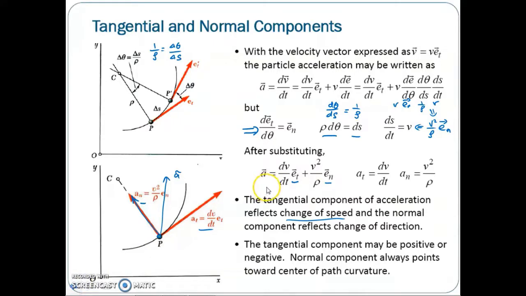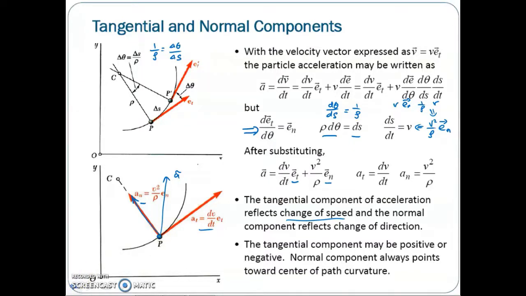Looking at these acceleration equations in tangential and normal components, the acceleration of a particle will be zero only if both its components are zero, both dv/dt and v squared over rho equal to 0. So for a particle moving with constant speed along the curve, the acceleration will not be zero. We have the normal component here which is non-zero. dv/dt is equal to 0. So the acceleration will not be 0 in this particular case.